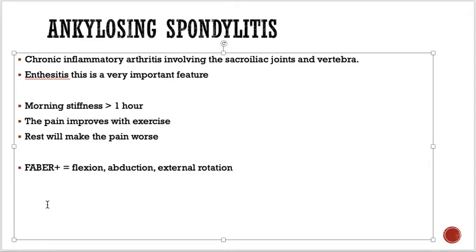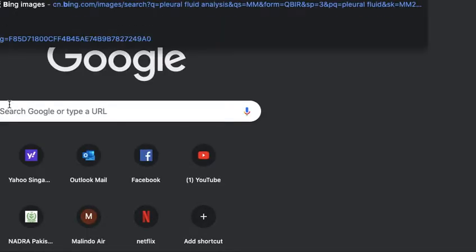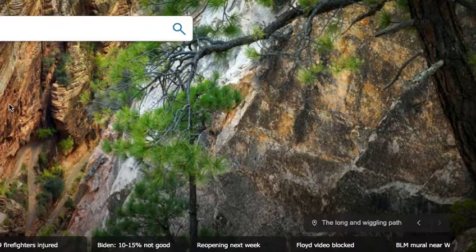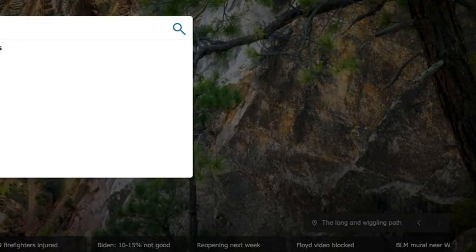So what they do, you can see a video of how they perform a Faber test. Basically, they flex, then abduct, and then externally rotate the leg. By the way, I can show you over here to make the thing clear. Faber test.